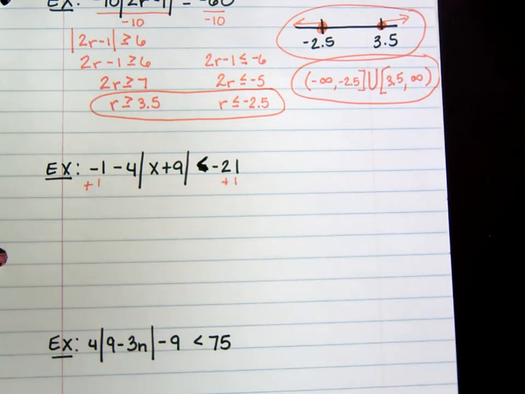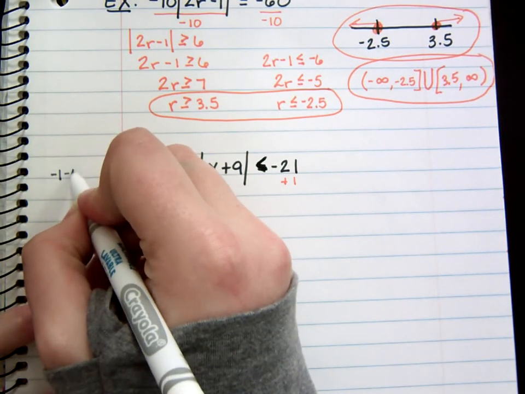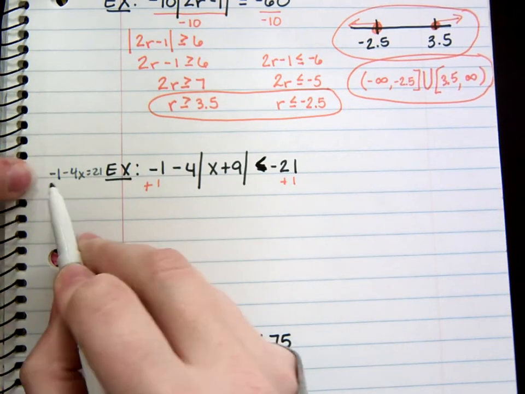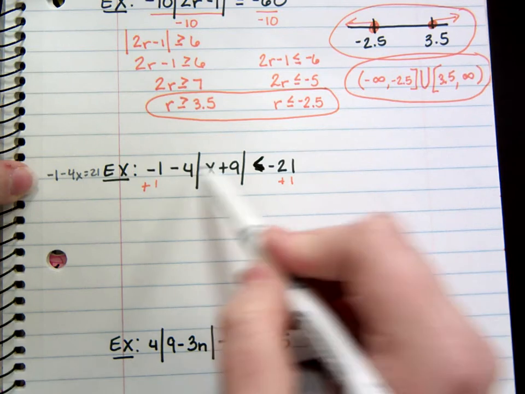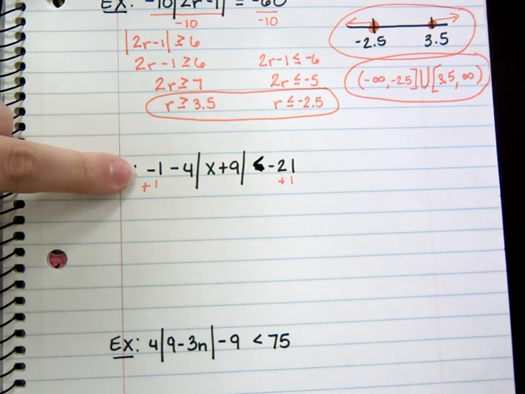It's kind of like this. Just do an example here. If it was -1 minus 4x equals 21, you would start by adding 1 and then dividing by -4. It is the same thing here. I'm going to start by adding 1 to both sides.